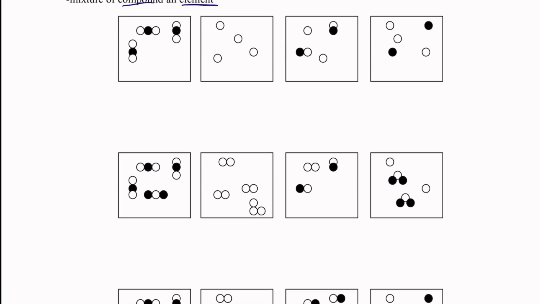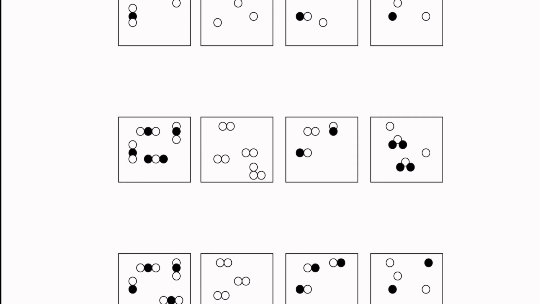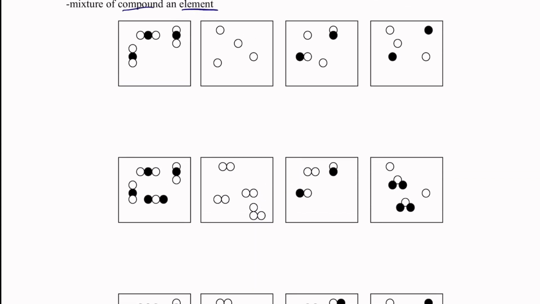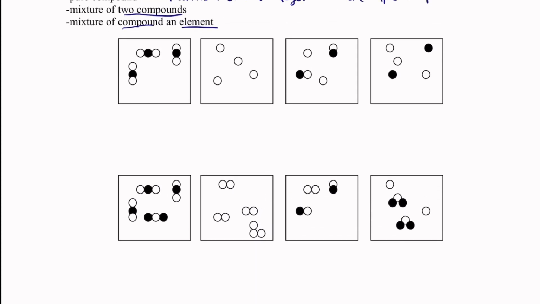I'll do the first four and then just give you the answers on the next ones. And if they have different colors, that means that it's going to be not the same compound or element. And if they have different sizes, they're not going to be the same compound or element. So this first one is just a pure compound. We just have one type of particle that's white, black, white. White, black, white, white, black, white, and they're touching, so three different particles.